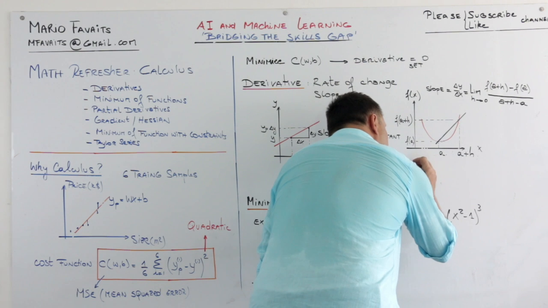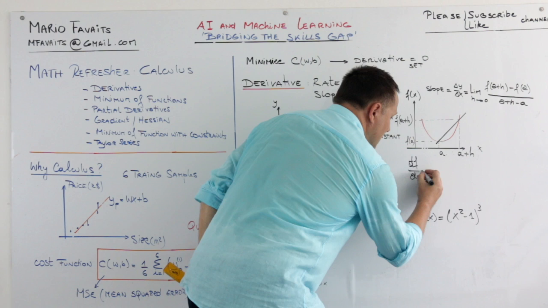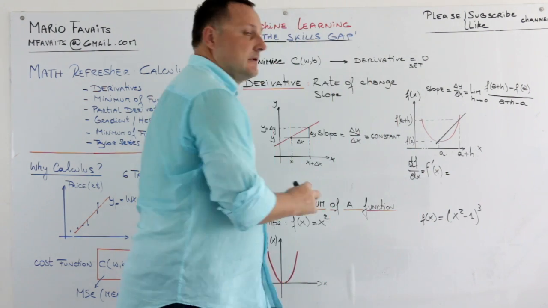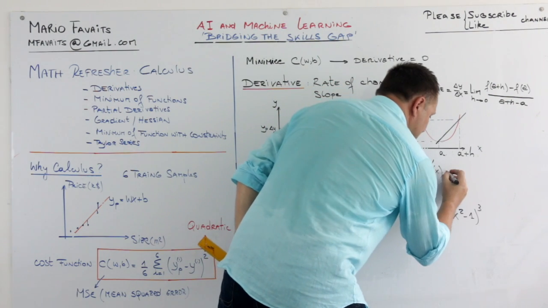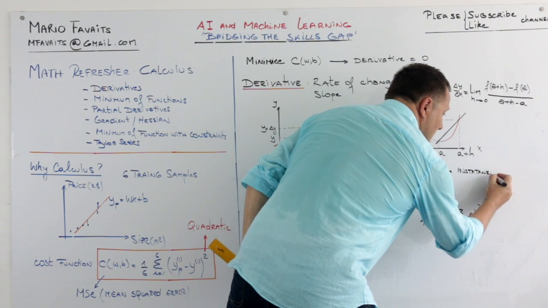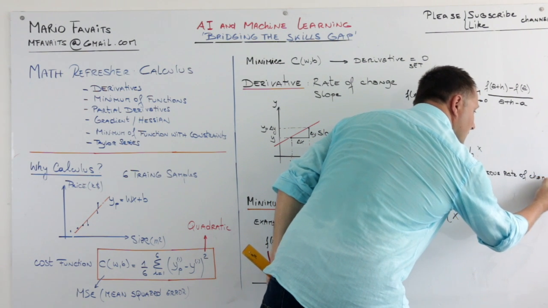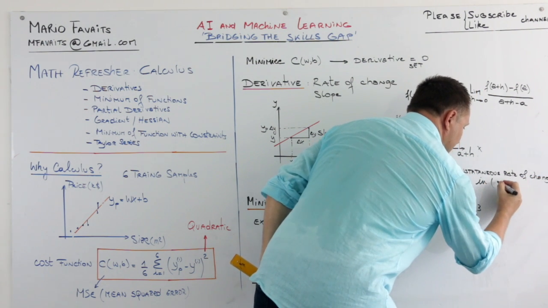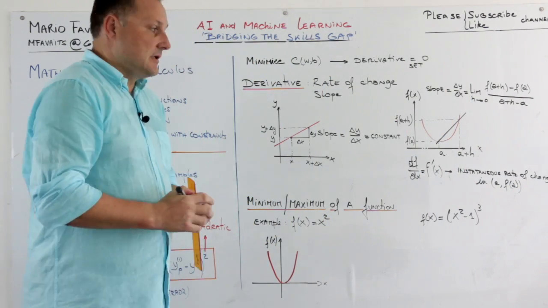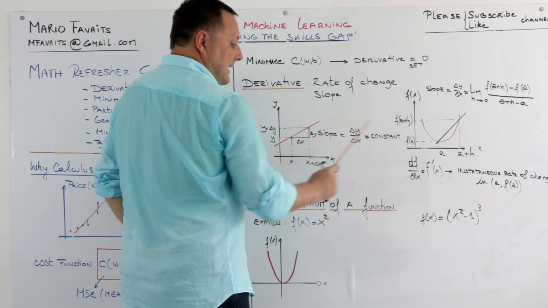So a derivative we write like this, df with respect to x. Sometimes we also call it f prime of x. That is the instantaneous rate of change in the point a, f of a. That's the definition of a derivative: df divided by dx, or f prime of x.